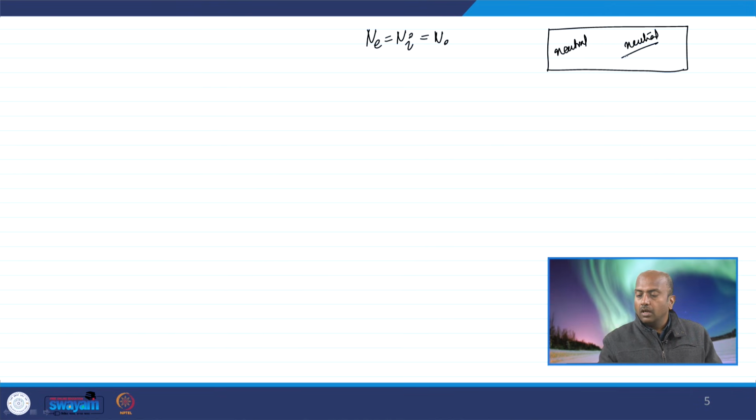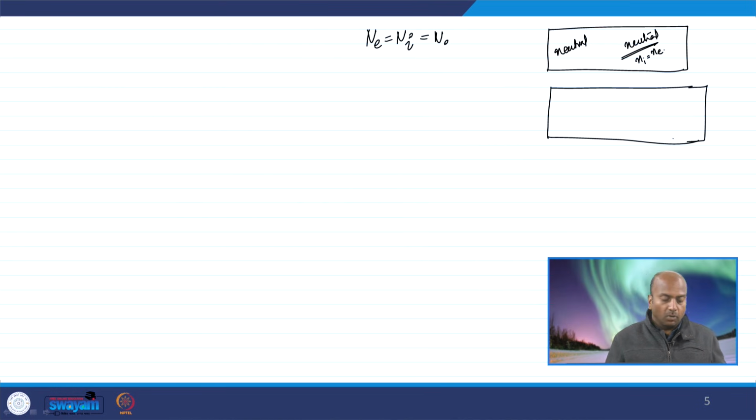In this slab, everywhere it is neutral. What does it mean? The number of ions in this region is equal to the number of electrons. Now, by applying an external force, I'll slightly modify this picture.